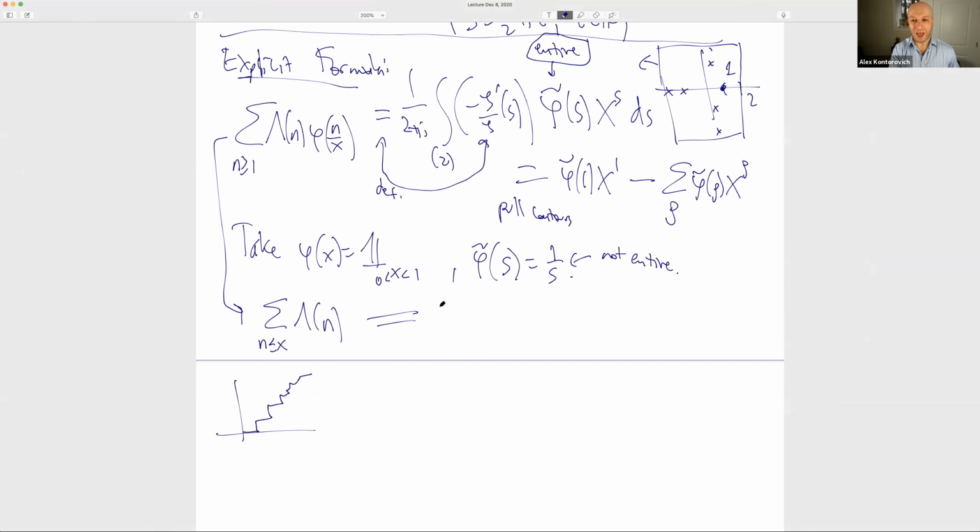How about on this side? We get an x to the 1 times 1 over 1, minus a sum over all the zeros of x to the rho times 1 over rho. And there's one more pole. There's a pole at s equals 0 that we have to pick up. Let's make that a little bit more clear. There's a pole at s equals 0 that contributes zeta prime.